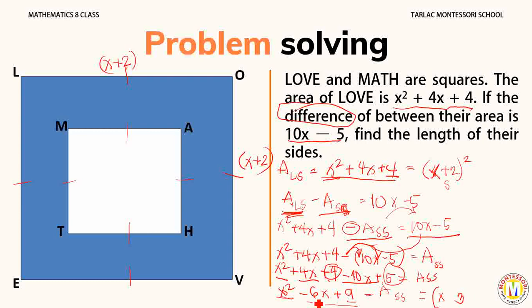Consider the sign of the middle term, that would be negative, and then we just square. So this is the same as the area of the smaller square. But since the area of a square is also equal to s squared, and we are just finding the length of the side of square MATH, we will have x minus 3 as the side. So this will become x minus 3. The other side is x minus 3.